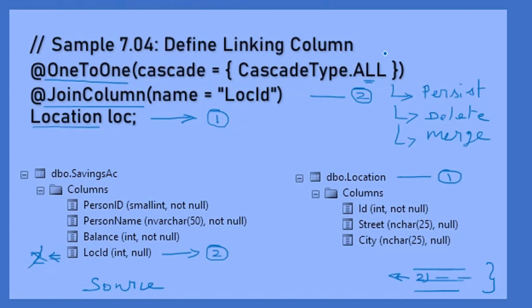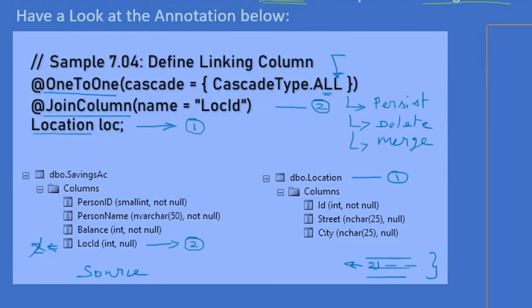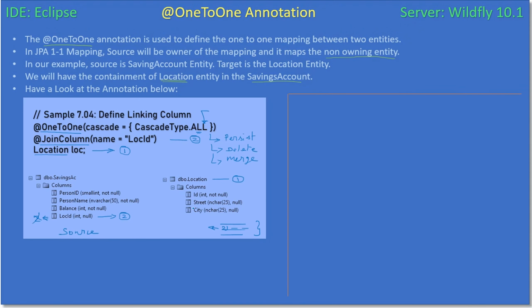So usually most of the developers will use the cascading effect of ALL. That means a combination of all these 3. So when something happens here for the source, then the same effect will get cascaded to the target entity. So that's all the significance.